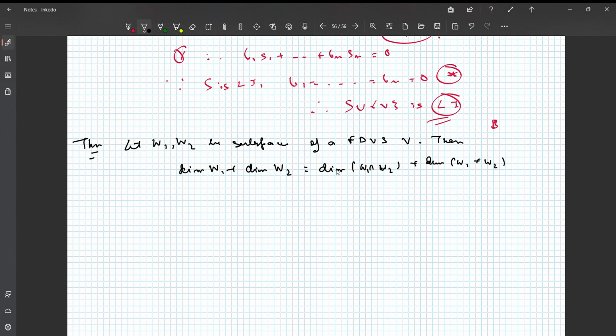So W1 plus W2 is basically pairwise addition of elements. W1 plus W2 actually considers elements of the form small w1 plus small w2, such that small w1 is from capital W1 and small w2 is from capital W2.